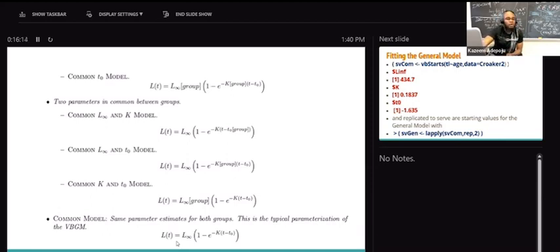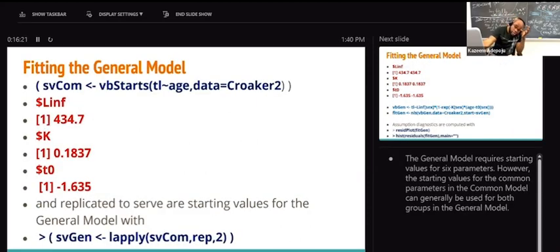Now, where do we start from? I'm going to show you the R code now. We're basically going to start from the general, but let me tell you, we're going to use common for general. You know what is common?